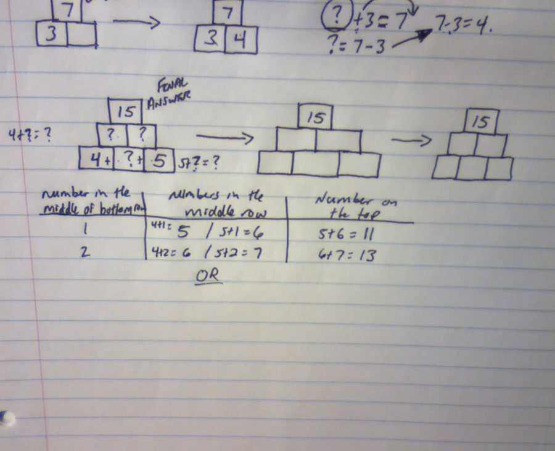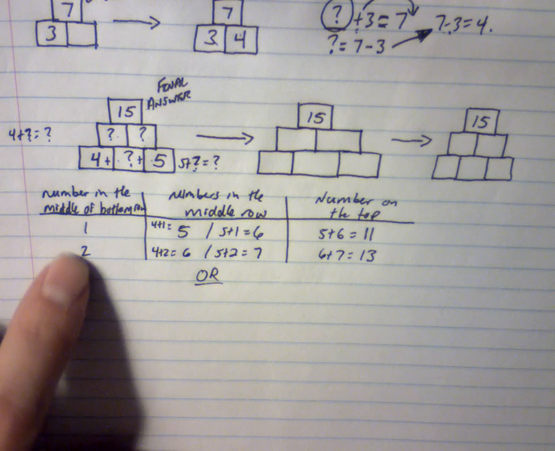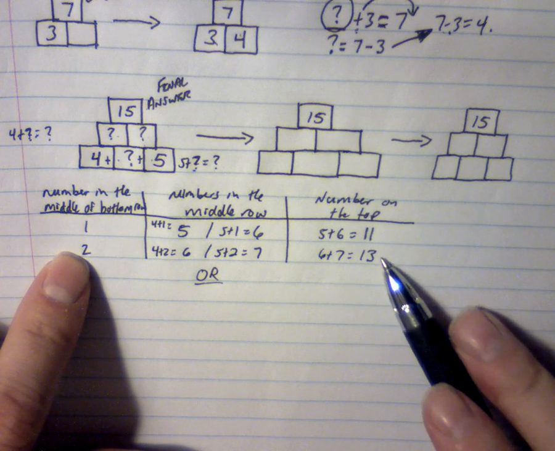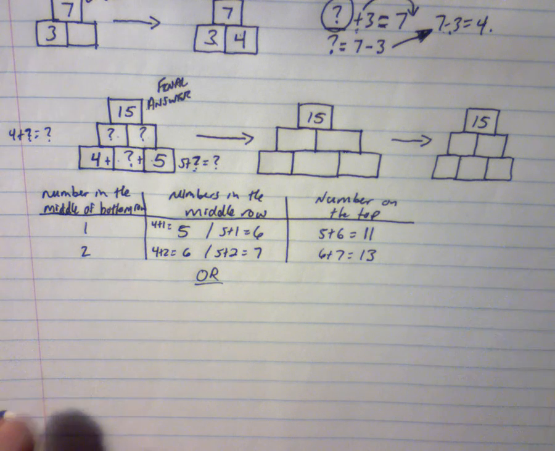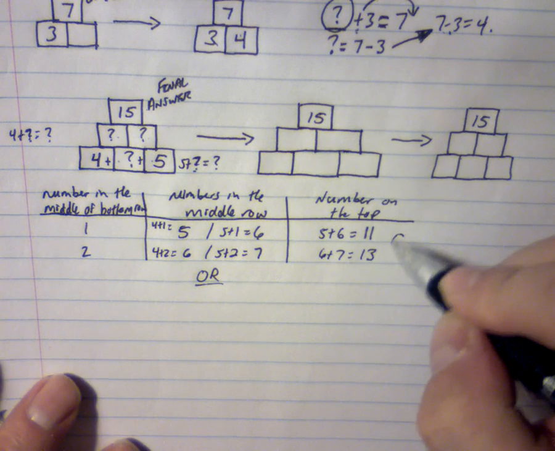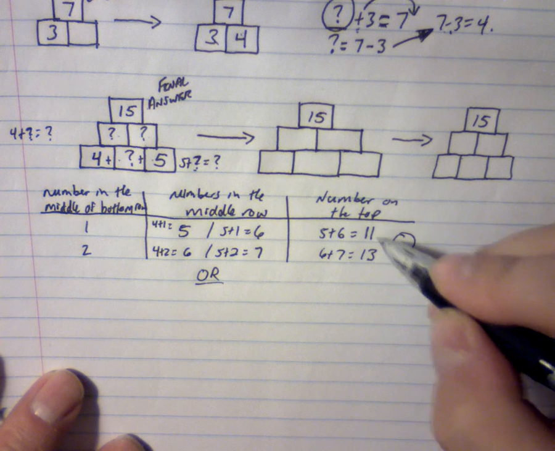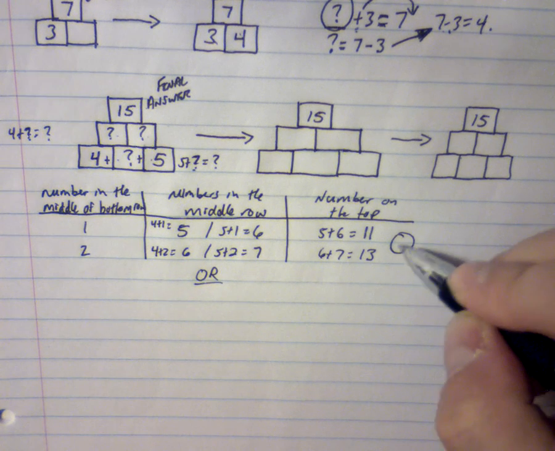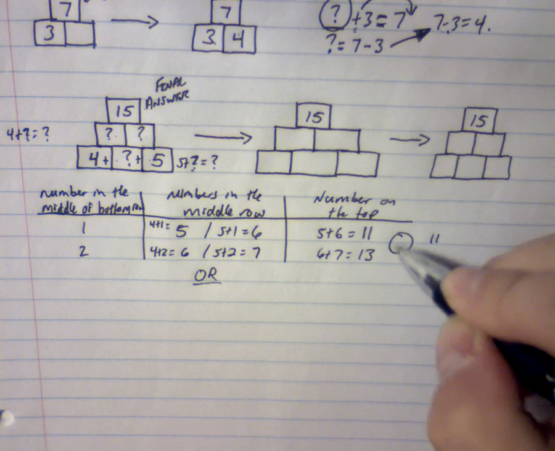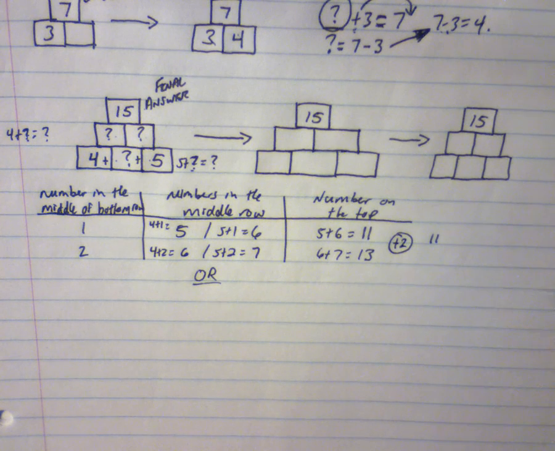Now, let me ask you something. As we add one more here, what happens to the final number? Well, let's take a look at our gap. What's our gap between these two? What is our gap? 11 to 13. 12, 13. Our gap is plus 2.